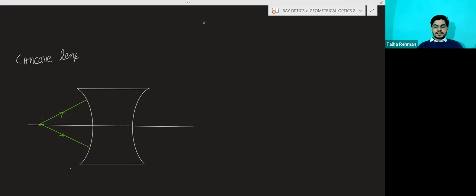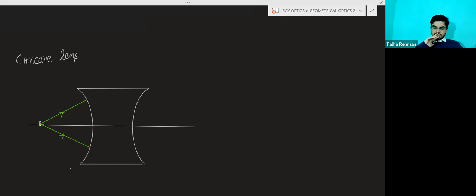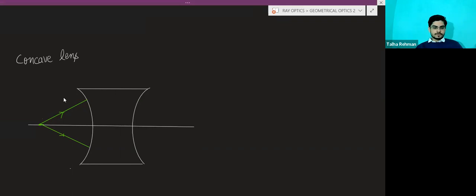Now the object is placed at this position.